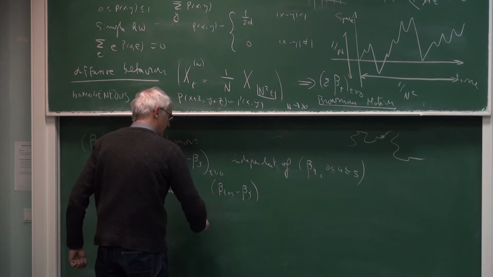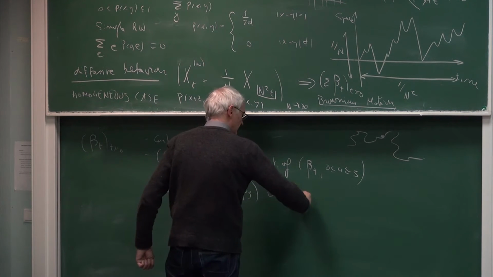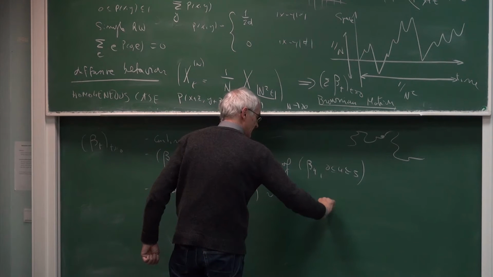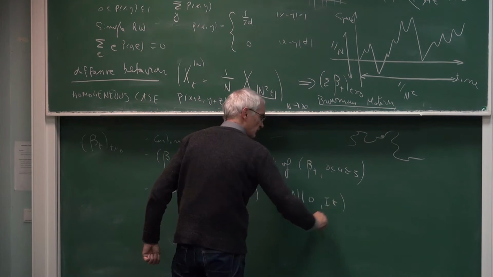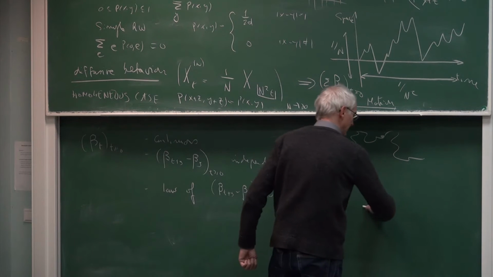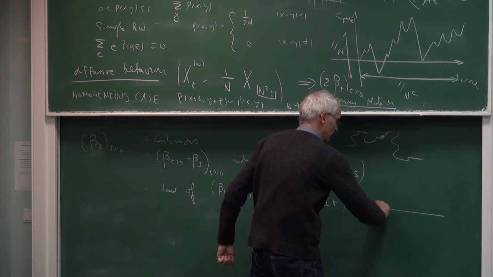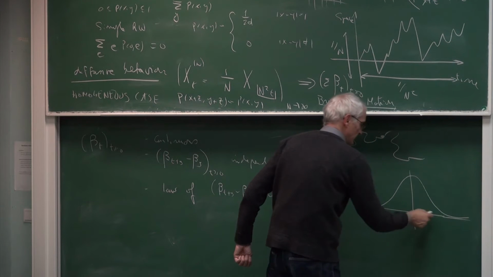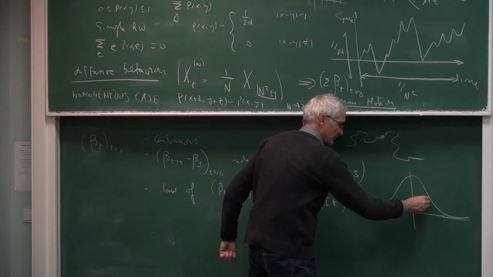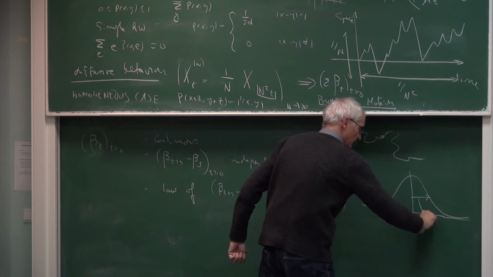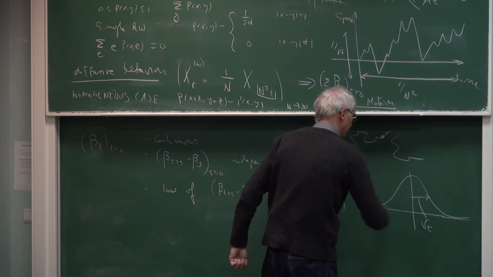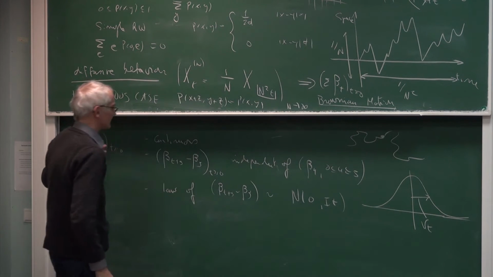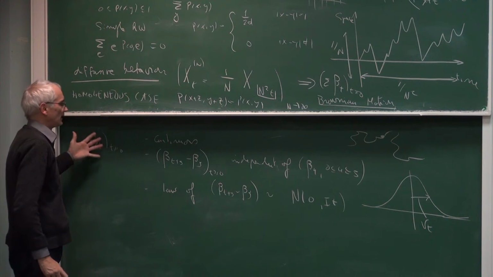So for s fixed, it is the Gaussian distribution with identity and times t proportional to t. So what is the Gaussian distribution? People have seen this. It's just the Gaussian law. This is the Gauss curve, which looks like this. And the point is here, this here is of the order square root of t. This is the Gaussian distribution. So this is the prototype of a Brownian motion.